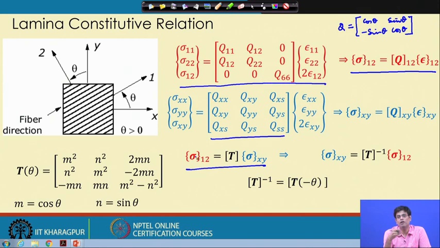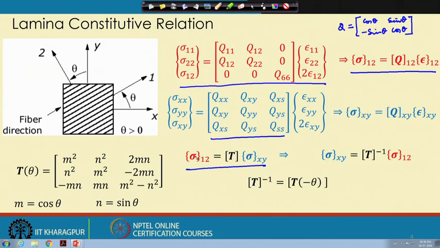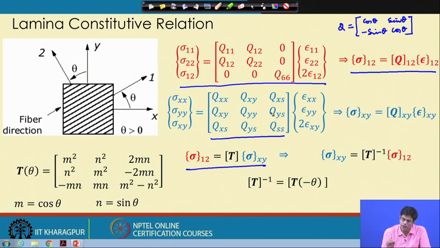However, in whatever way you want to align it, the loading axis may be different from the material axis. So in that case you have to find out the constitutive relation or the constitutive matrix along the structural axis. That is the objective here, which we are deducing.